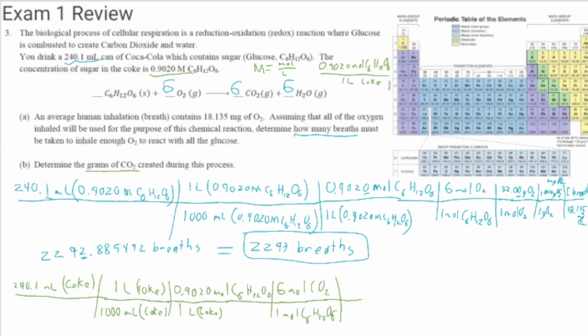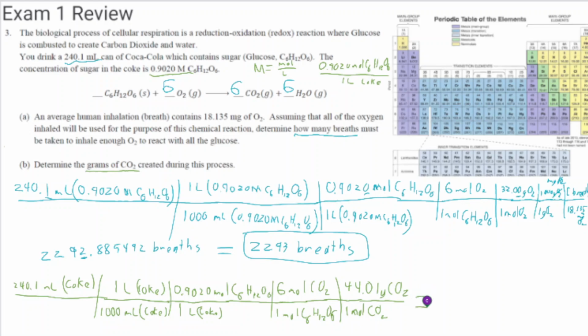And you get, for every 1 mole of CO2, we have 44.01 grams of CO2. All right, looking at our units, we'll see that we have milliliters of Coke cancel out milliliters of Coke, liters of Coke over liters of Coke, so those cancel out, moles of sugar over moles of sugar, so those cancel out, moles of CO2 over moles of CO2, and we're left with grams of CO2 or grams of carbon dioxide.